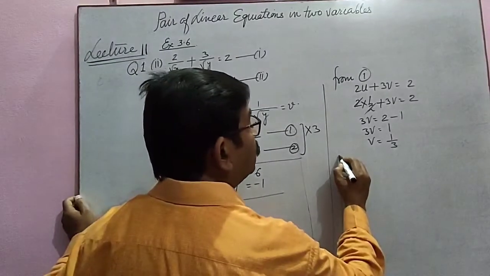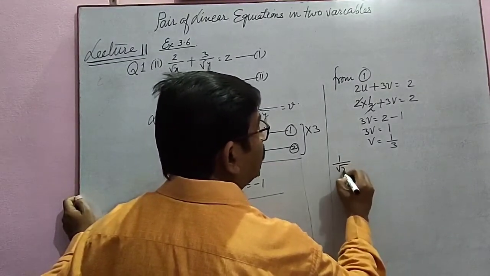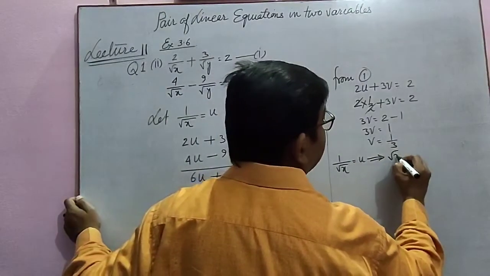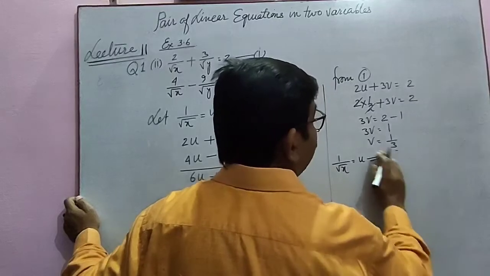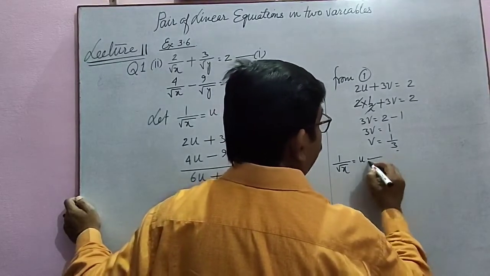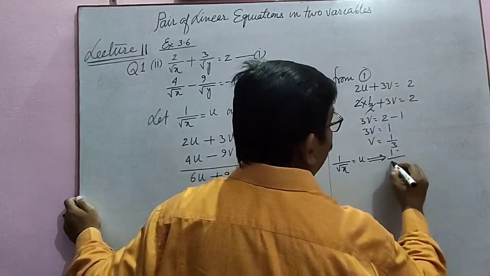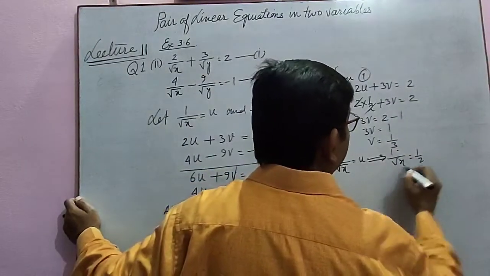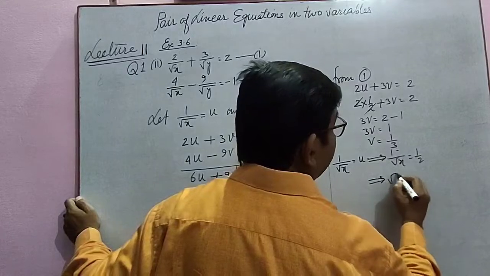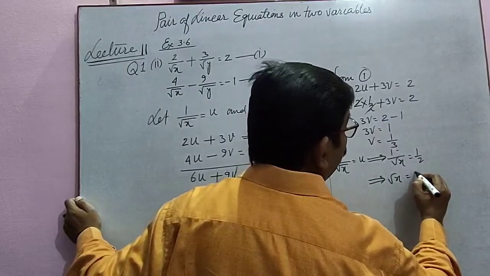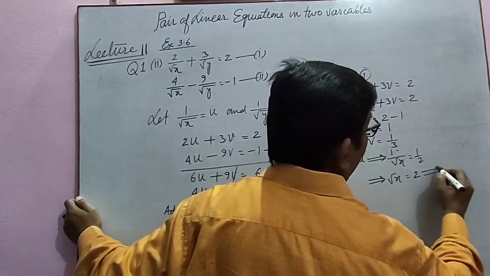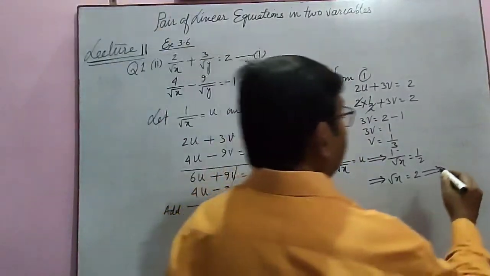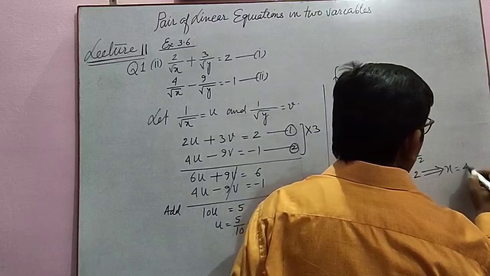So what we have observed, 1 upon root x is equal to u, and now we have 1 upon 2. So root x is equal to 2. So get the value of x now. Squaring this, what we get? x is equal to 4.